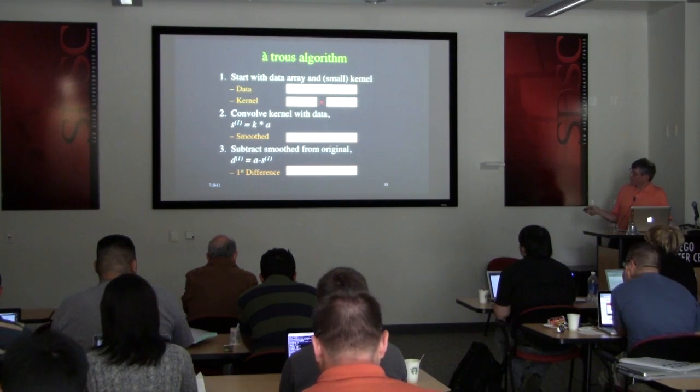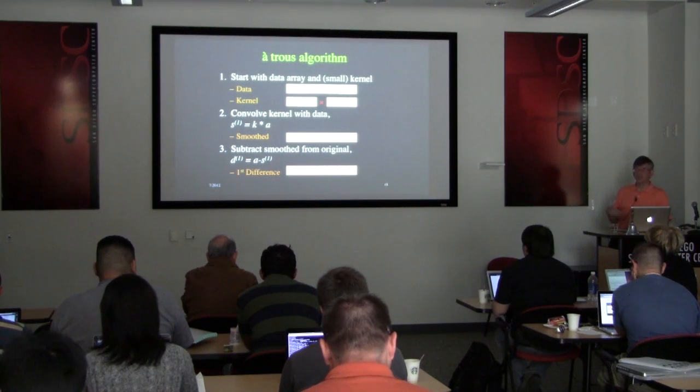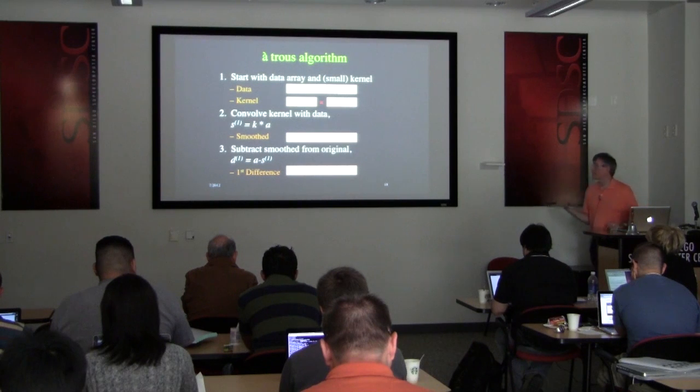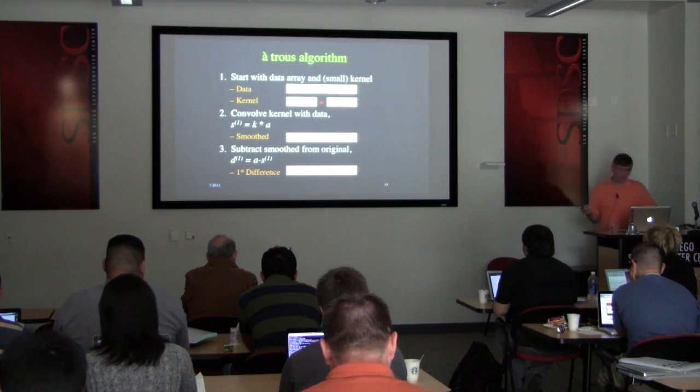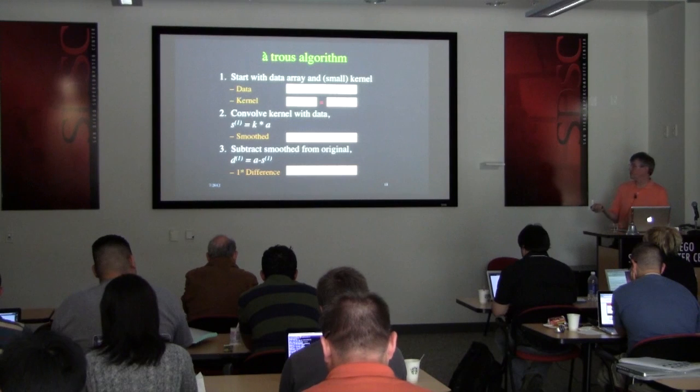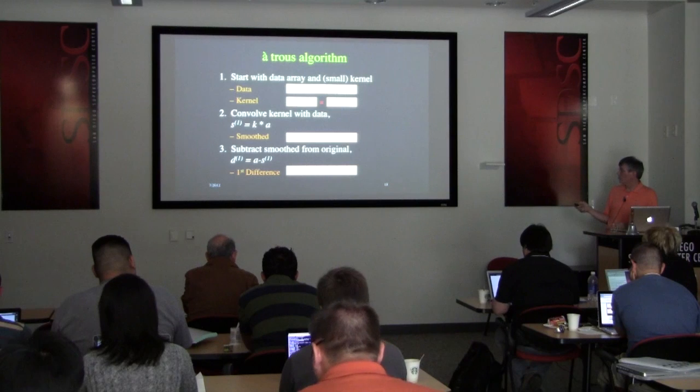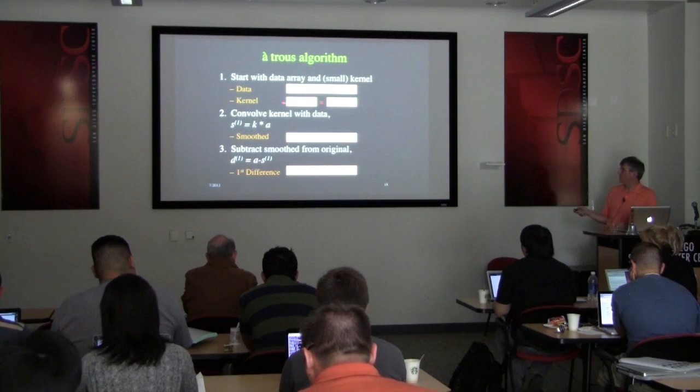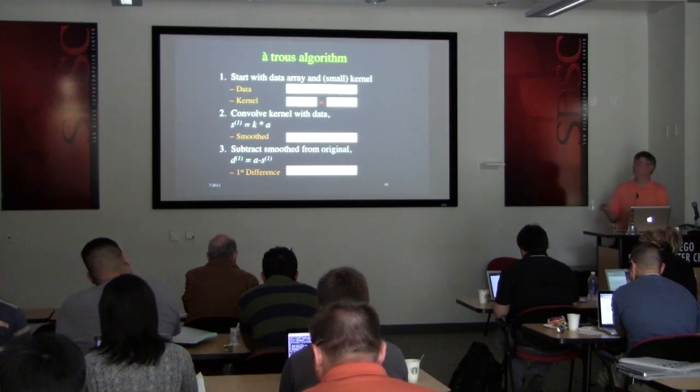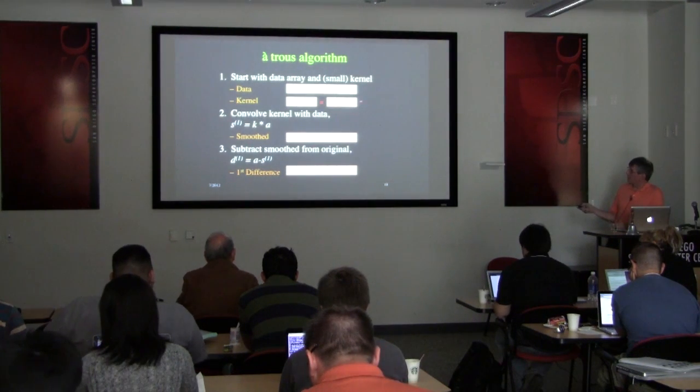The typical kernel values that are used look like binomial coefficients scaled so that the normalization is 1. So the binomial coefficients for 3 elements are 1, 2, 1. For 5 elements, it would be 1, 4, 6, 4, 1. So you take those as the coefficients. Those produce nice kernels. All right, so you take this kernel, which only has a few elements.